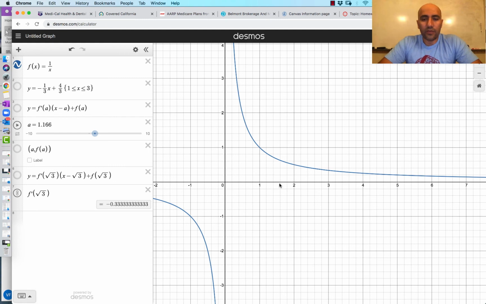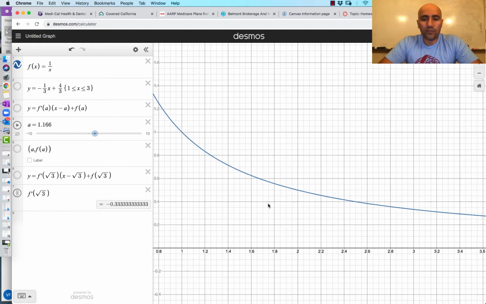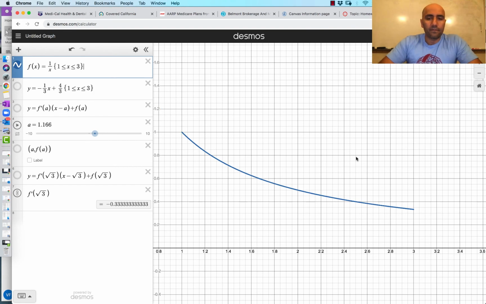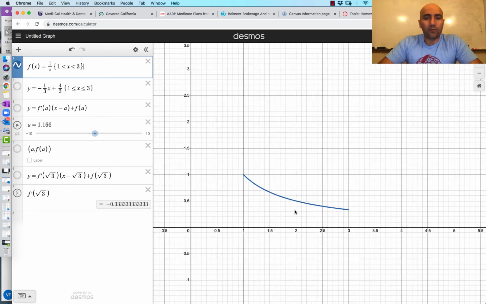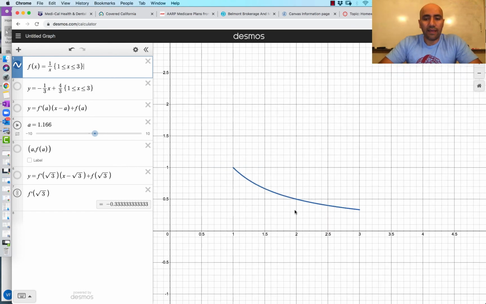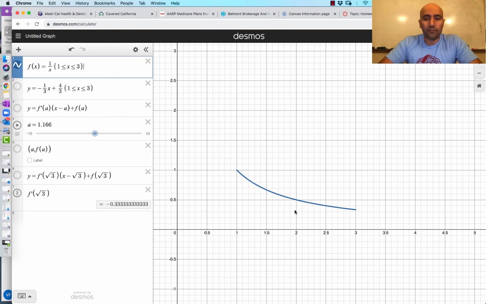So let's zoom in here, really zoomed in, between 1 and 3. Let's restrict it so that it only shows that part of it. There. Now it got rid of the rest of the graph, and it's just focusing on that little portion.